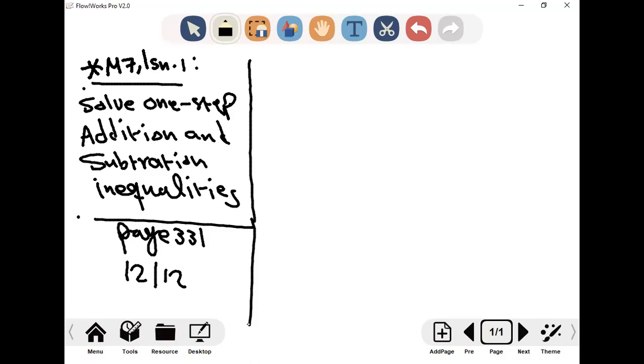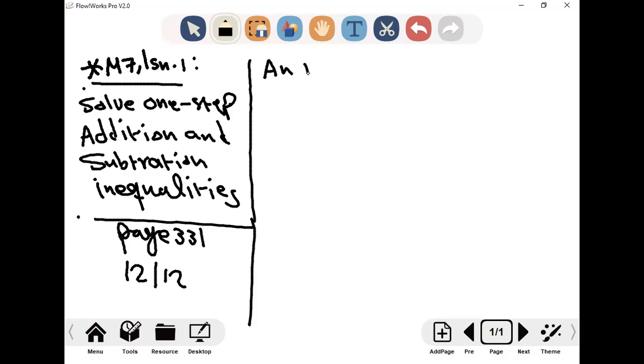Equation, a mathematical sentence that has an equal sign, right? Like, for example, 2x equal 9. This is equation, right? Inequality, a mathematical sentence that has less than, more than, less than or equal, more than or equal.